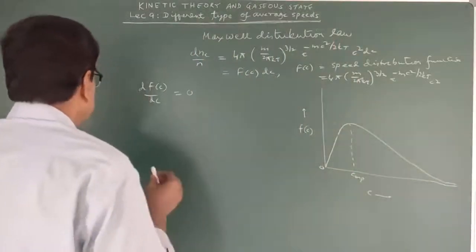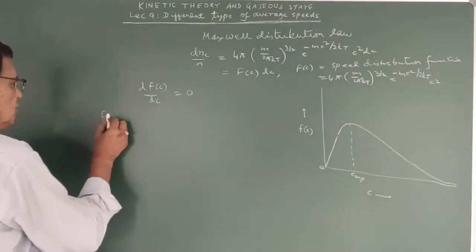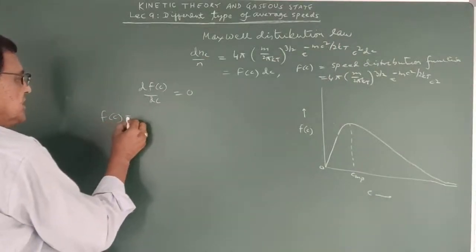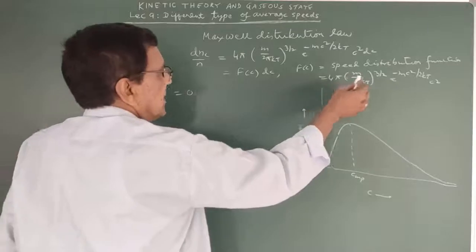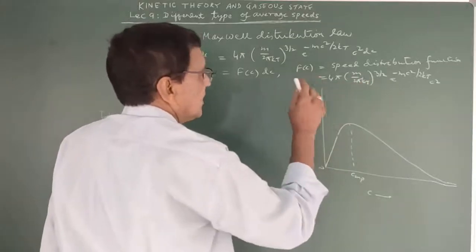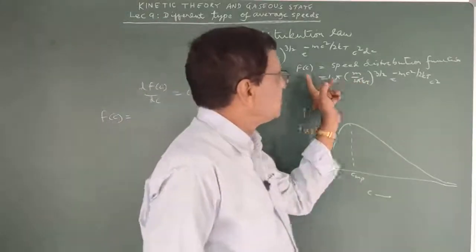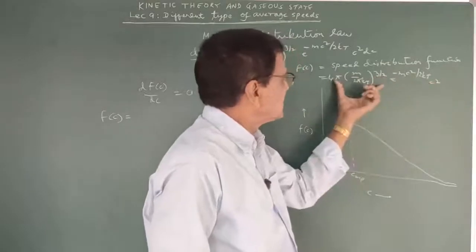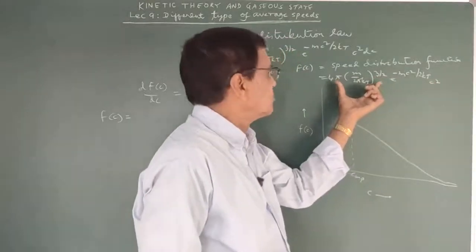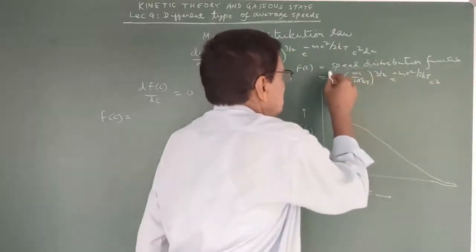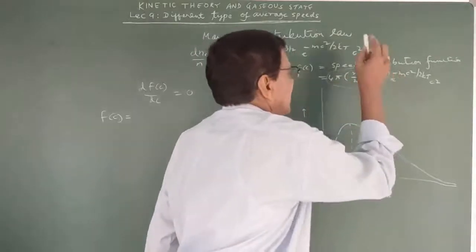So this f(c) we can write, and we are differentiating f(c) with respect to c, and this term is constant. So this constant term we can write as A dash.